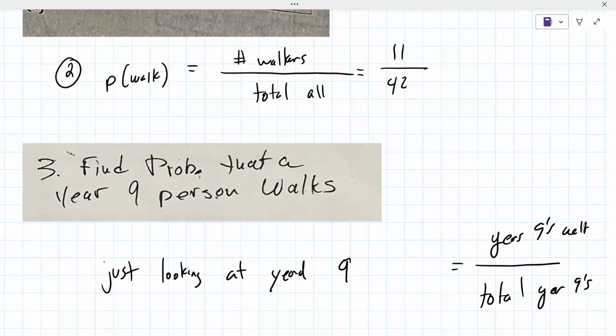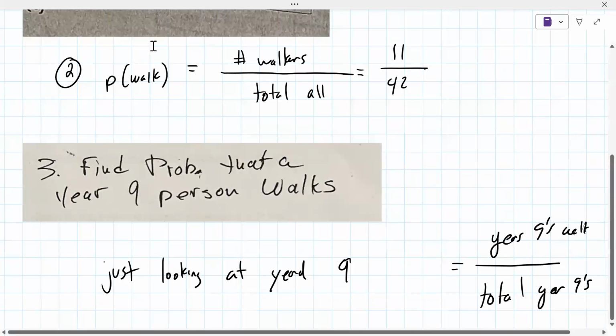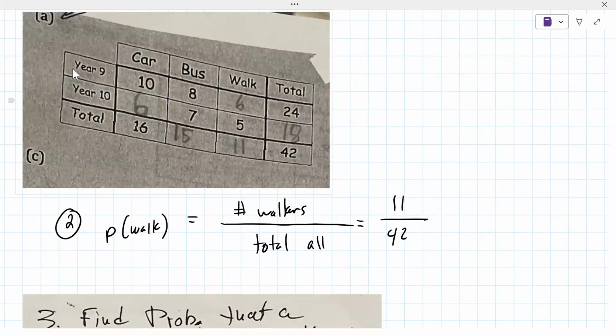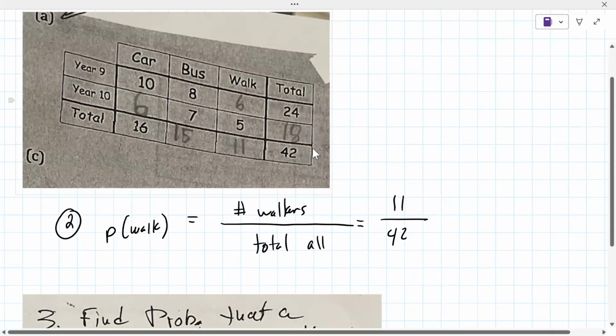Okay. All right. So yeah, we have to find a probability. So we could say how many total year 9s are there? 24. All right. Total year 9 is 24.